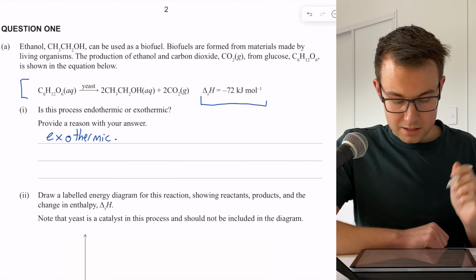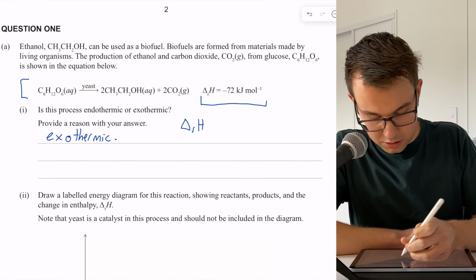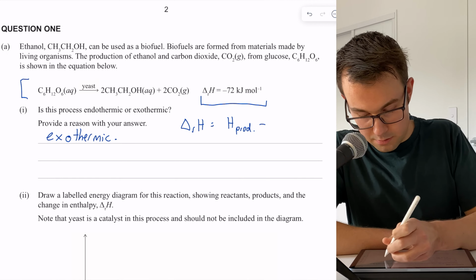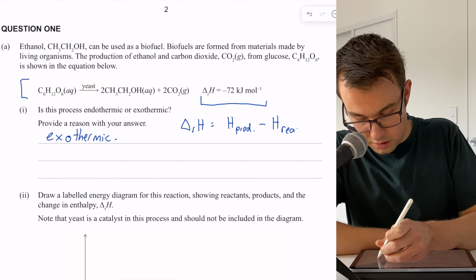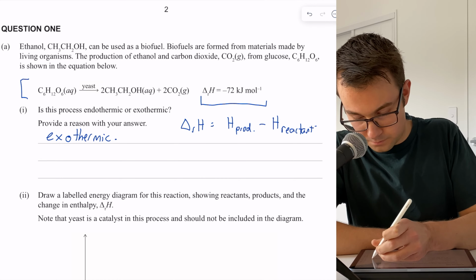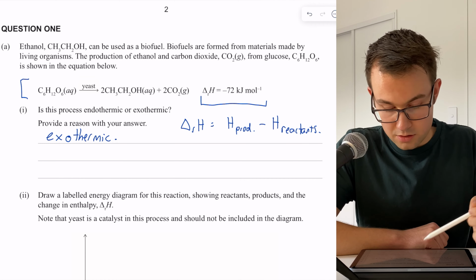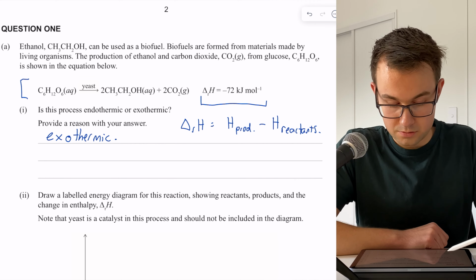So that must mean that the products, because if we have this equation, delta RH is equal to the enthalpy of your products minus enthalpy of reactants. Therefore it's showing that the products have a lower value of enthalpy than the reactants do.